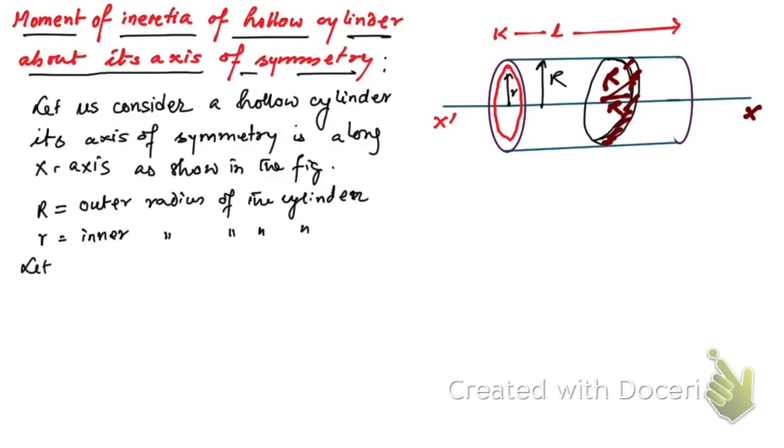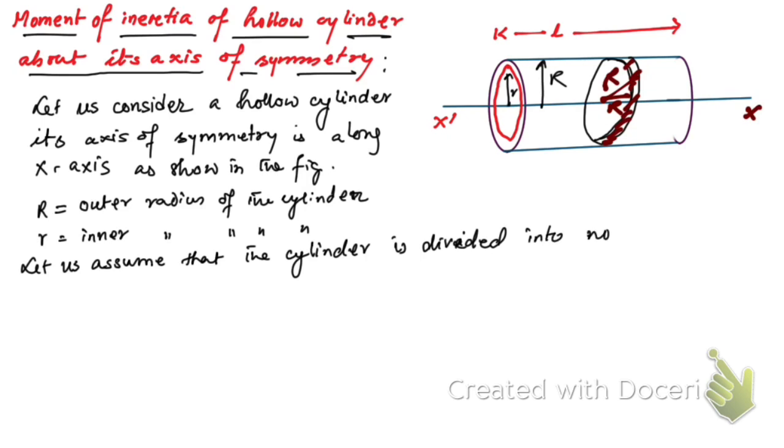So let us assume that the cylinder is divided into a number of circular rings.